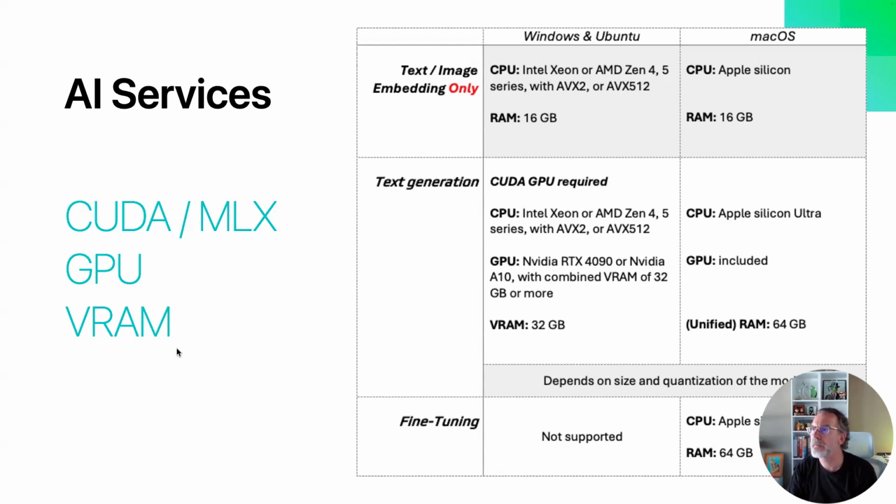You'll be fine, right? However, when we get to text generation and the models become gigabytes, and I mean like 7 gigabytes, 24 gigabytes, 48 gigabytes, 100 gigabytes of model, that's not going to fit in 16 gigs. That's not going to fit in your Mac Mini, right?